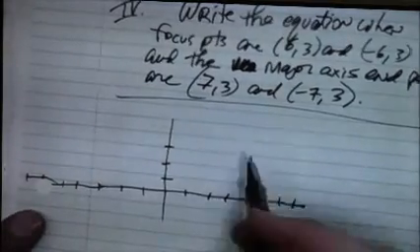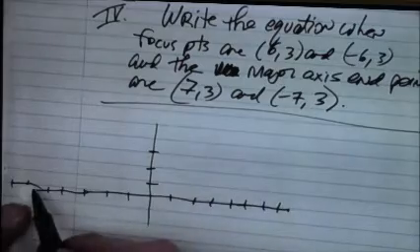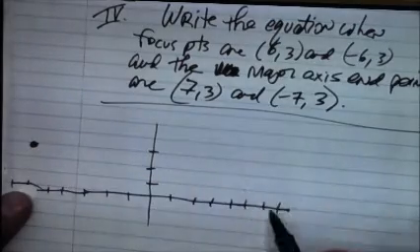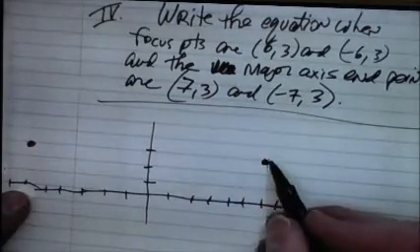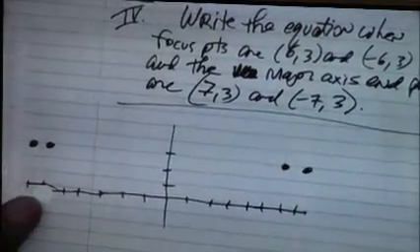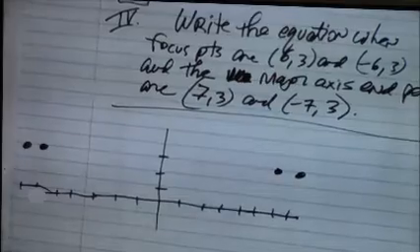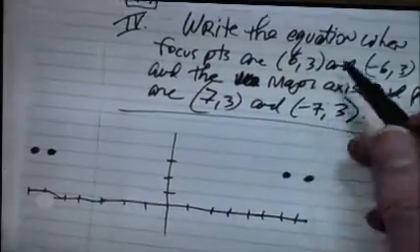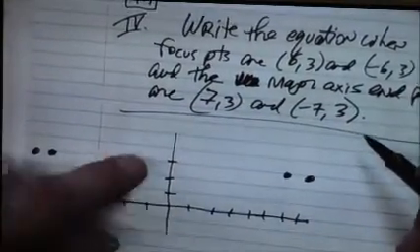Okay. So I'm going to go to -6, 3 and 6, 3. -7, 3, and 7, 3.